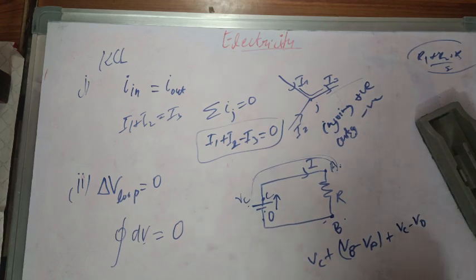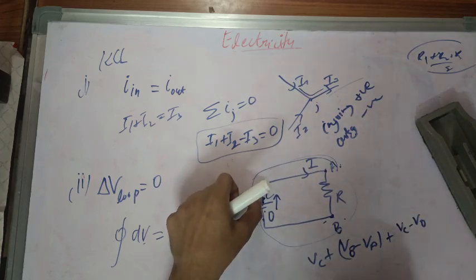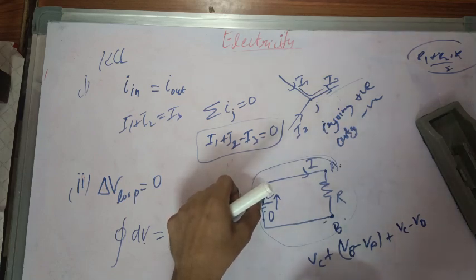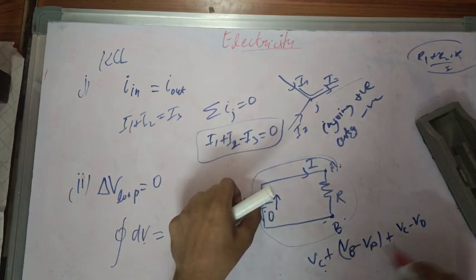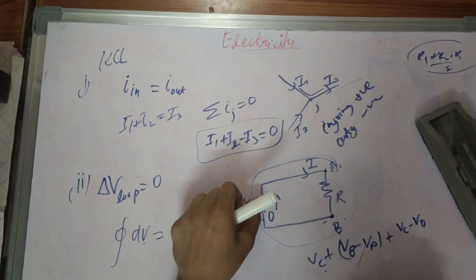So the potential at this point again is: VC cancels VA, both are equal in potential, and VB cancels VD, both are equal in potential, so it will give 0.